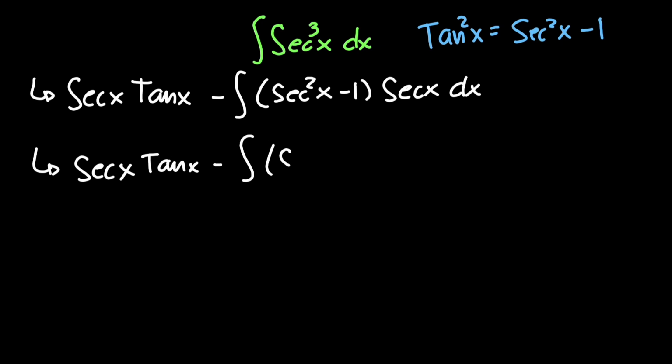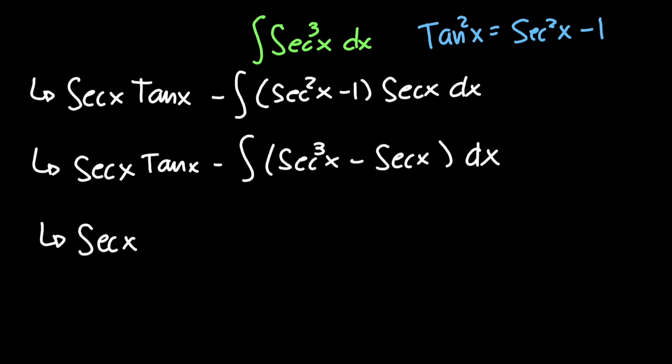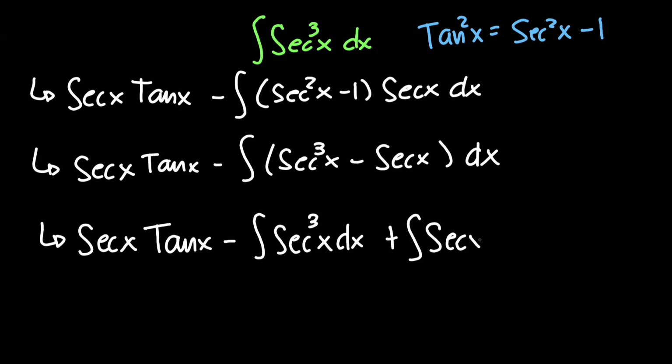So this would be secant cube of x minus secant of x dx. And the next step would be to split this integral into two parts. This would be the integral of secant cube of x dx. Since what we have here would be negative and our integral here would be negative, this would result in a positive integral of secant of x dx.